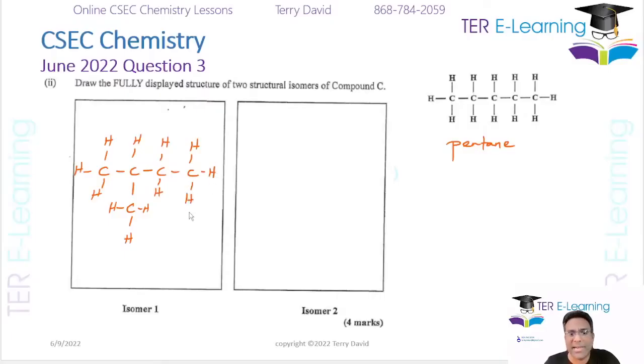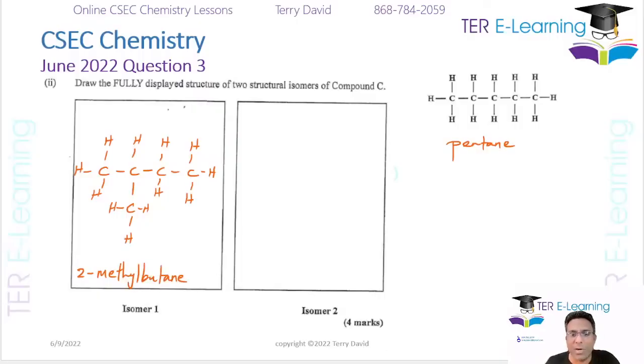So this is my first possible isomer. And if you want to name that, that is 2-methyl butane, right? That's 1 isomer, right?